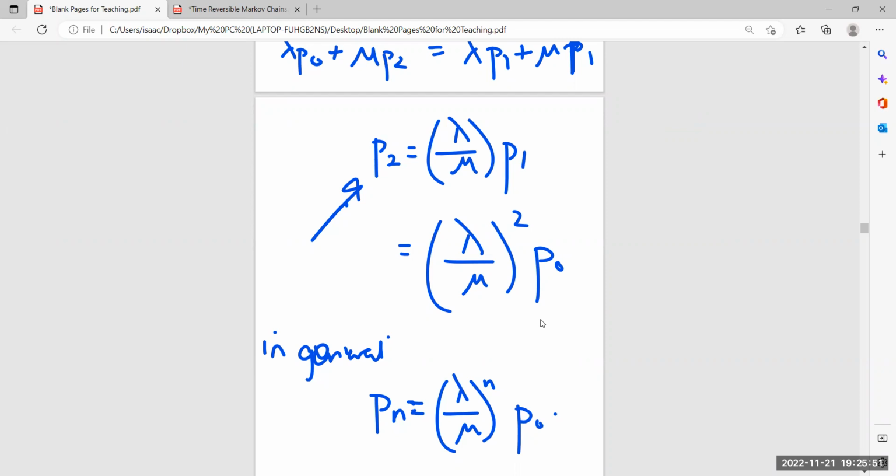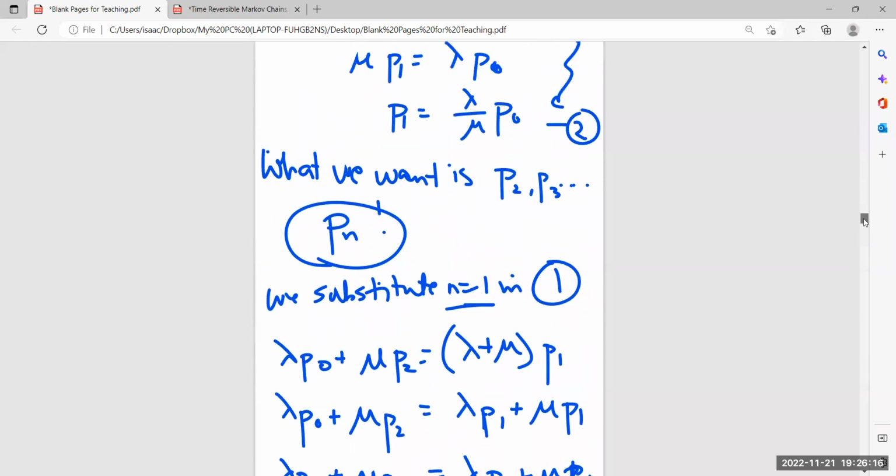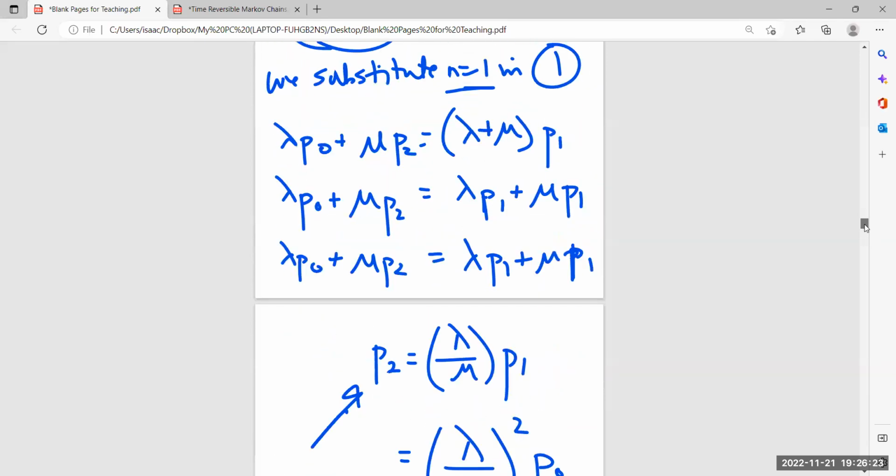So what we're going to do now is take this lambda over mu and call that rho, right? So watch across here, I have P1 is equal to lambda over mu times P0. So I could use that inside it and simplify it.